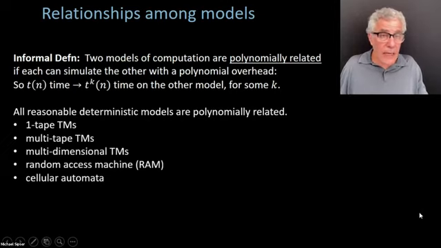All the reasonable deterministic models, again, classical models, I'm not talking about quantum computing, are polynomially related. So that kind of justifies our choice in picking one of them, as long as we're going to ask questions which don't depend upon the polynomial.